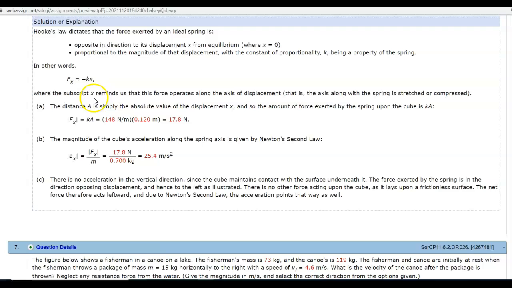Where the subscript x reminds us that this force operates along the axis of displacement, meaning the x-axis or side to side. That is, the axis along which the spring is stretched or compressed. Yeah, it's just saying along the axis that it moves on. The distance A is simply the absolute value of the displacement. Okay, so it's the absolute value of the 0.12 meters that it moved.